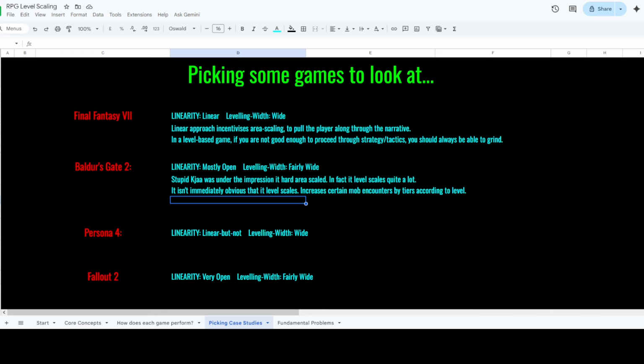And the fact that it doesn't do it for all these fights matters. An area might contain 5 area scaled encounters and 3 level scaled encounters.